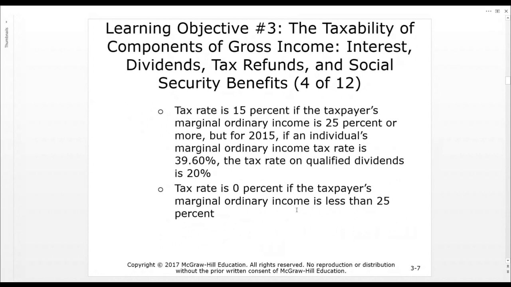So remember when we talked about Mitt Romney and we talked about people who are very, very wealthy, they're usually using those stock options, right? Those other ways in order to generate income and not through these W-2 wages that are just inflated with the tax rates. Okay, and as it says here, the tax rate is 0 if the taxpayer's marginal ordinary income is less than 25%.